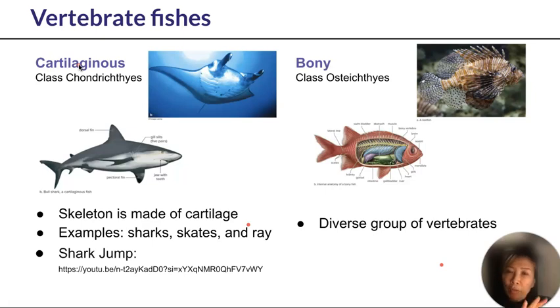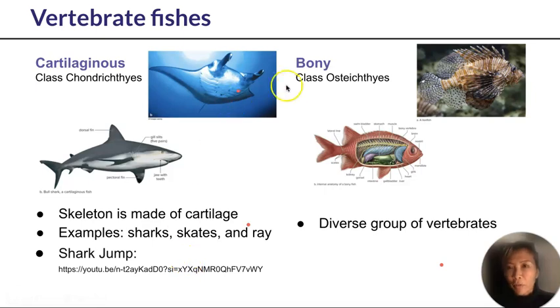So at this point, we've evolved from jawless to jaw, and the difference between this guy over here versus this guy over here is that the skeleton for this shark right here is made of cartilage, whereas this skeleton right here is actually made of bones. Examples of the cartilage fish are sharks and rays and skates. And so you can actually see a shark jumping.